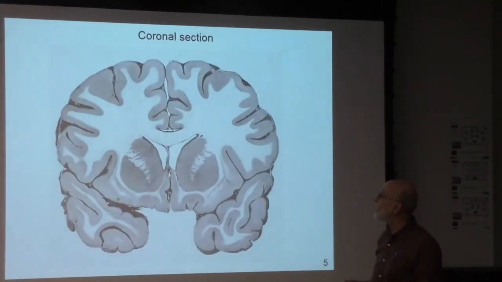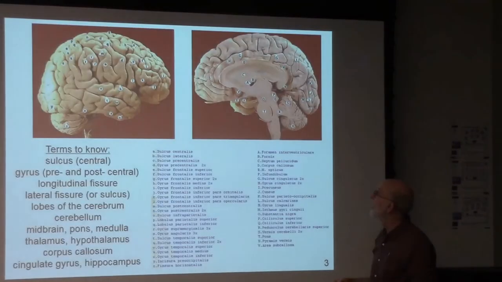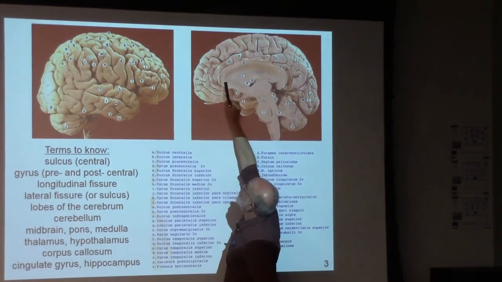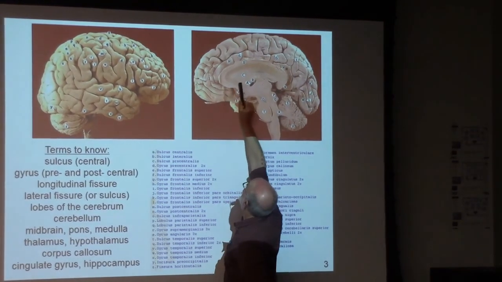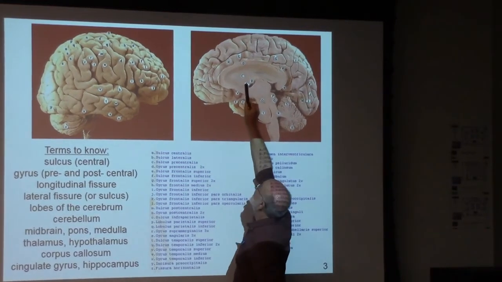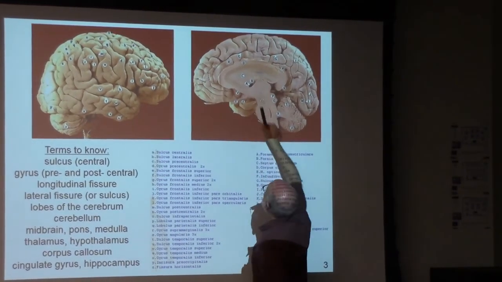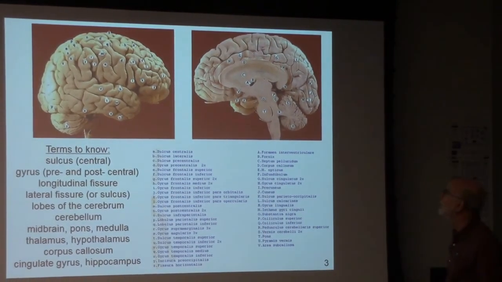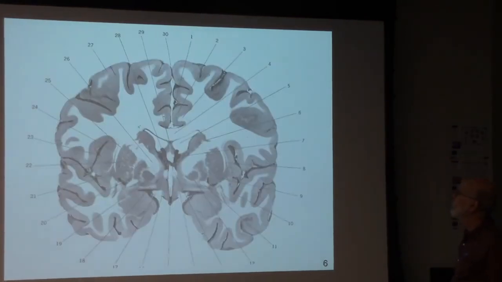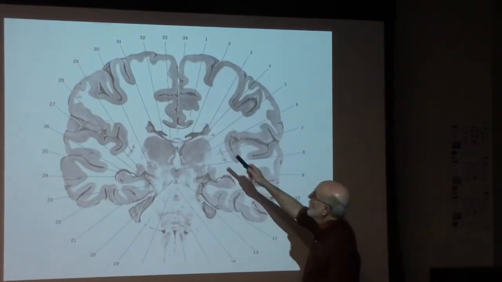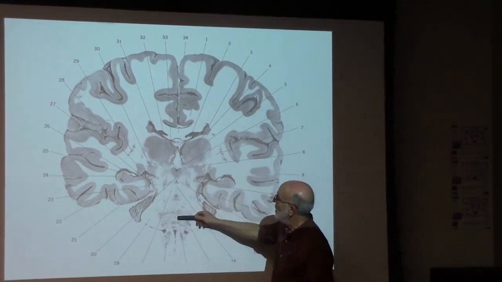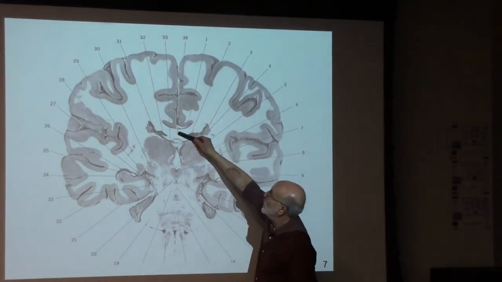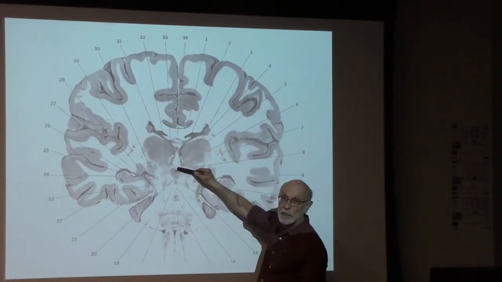Let me go to a sagittal section and try to catch you up as to where we are. We sliced approximately here was the first coronal section, and then here was the second coronal section, and now we're here. So we're starting to see midbrain, pons, and medulla. Thalamus, midbrain, pons, medulla. Corpus callosum, fornix.